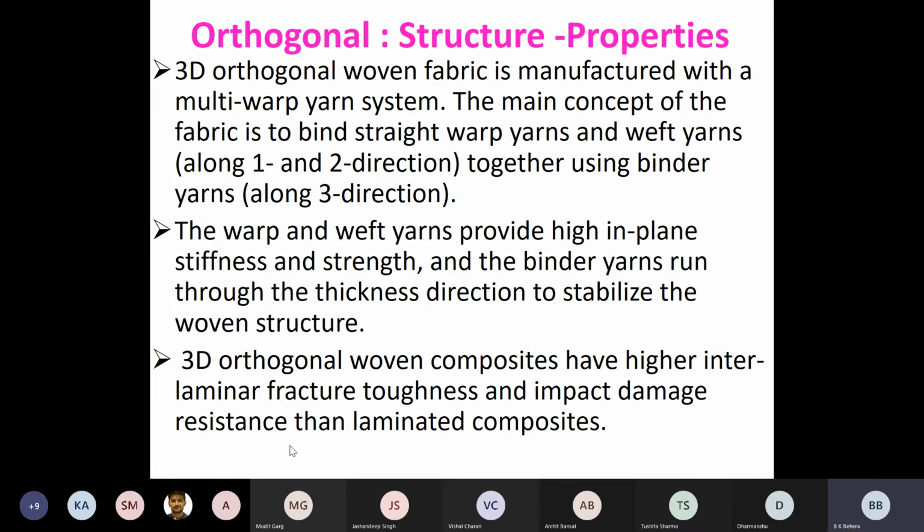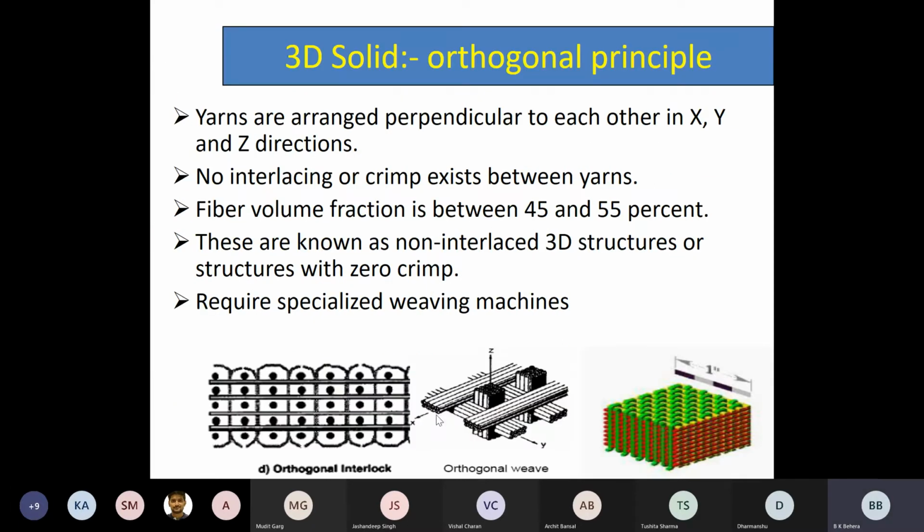Then third point. 3D orthogonal woven composites have higher interlaminar fracture toughness and impact damage resistance than laminated composites. What does it mean? I have given you some examples in the previous class also.